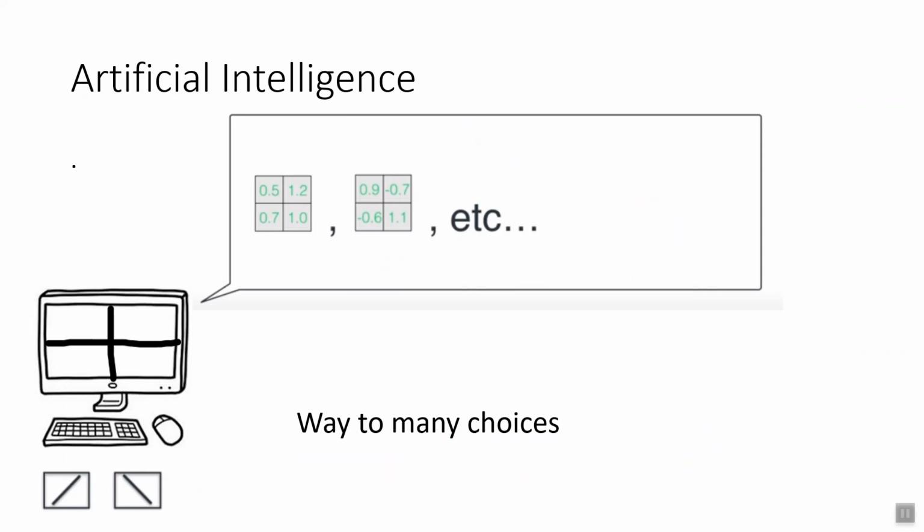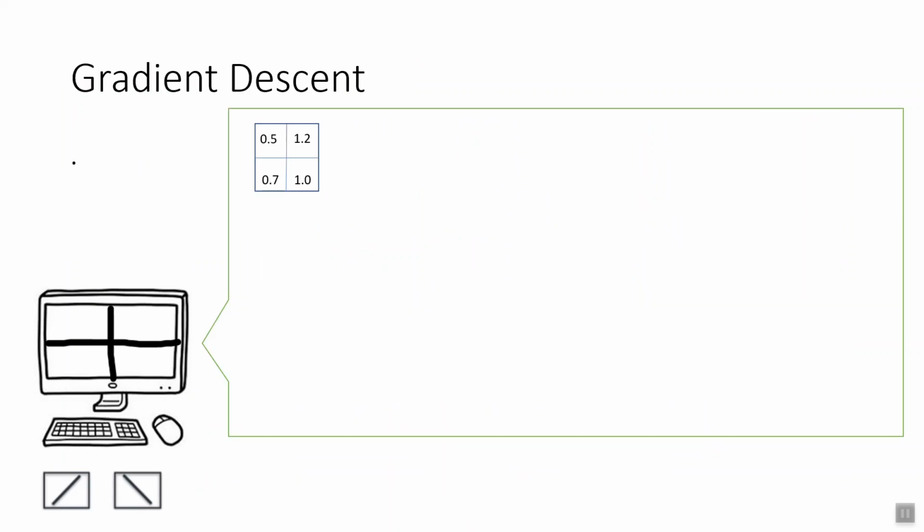So we can use this continuous version of what we did before, and it is called gradient descent.